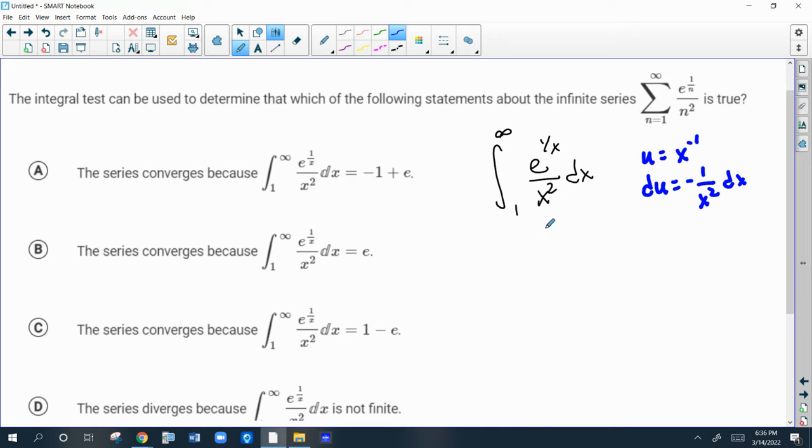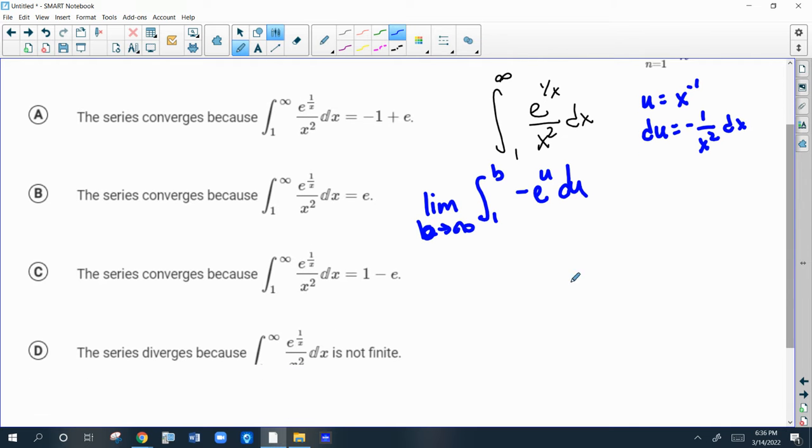So we're going to take the limit as b goes to infinity, because it's an upper limit, of this integral. With our u substitution, it's going to be negative, because of the negative 1 over x squared, e to the u du.